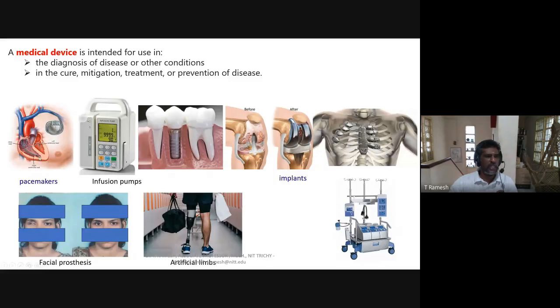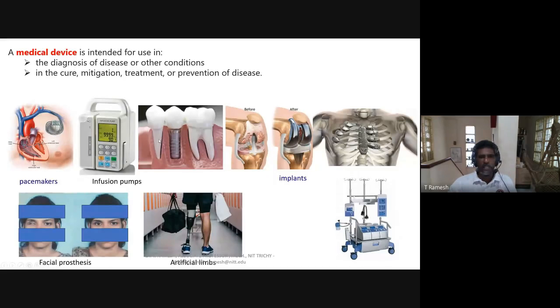Normally we call it a stent. That will activate whenever the heart is unable to supply enough blood, right? So this is the function of this particular pacemaker. It will send electrical signals or pulses so that it will activate the human heart.